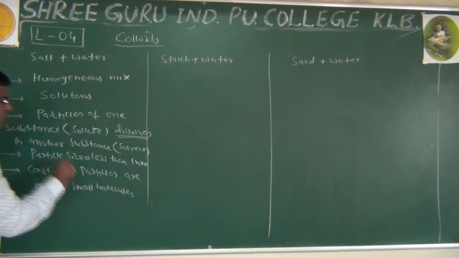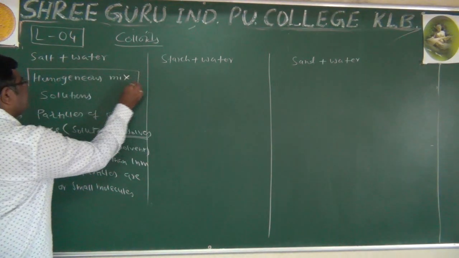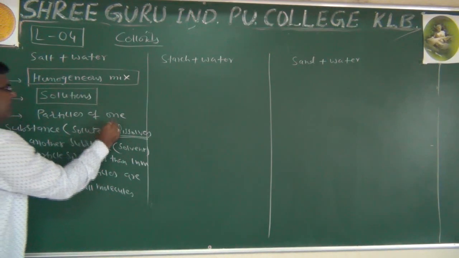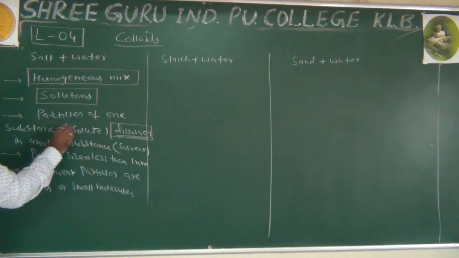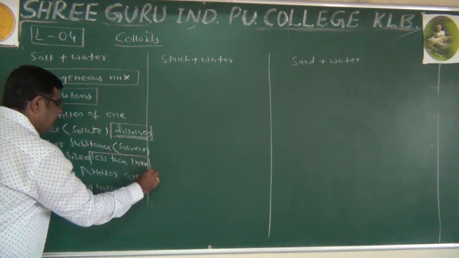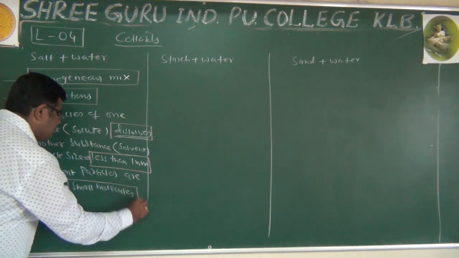They are the constituents of the solution. So we say that this is a homogeneous mixture called a solution. Solute dissolves into solvent. Particle size is less than 1 nanometer, and the constituent particles are either ions or small molecules.